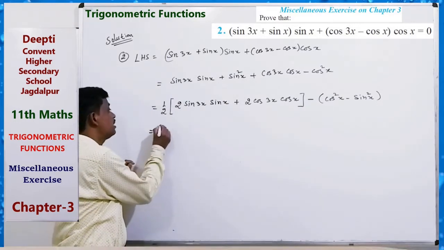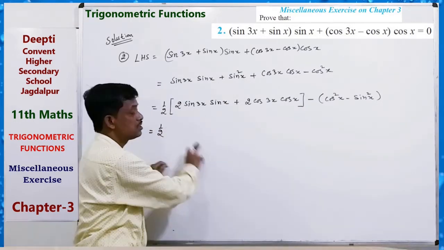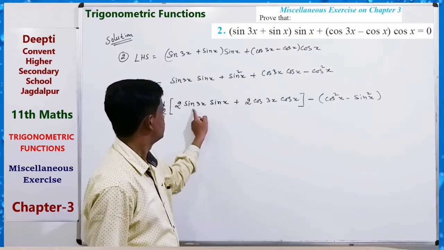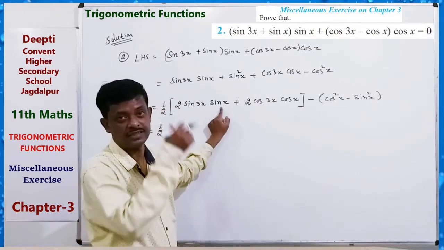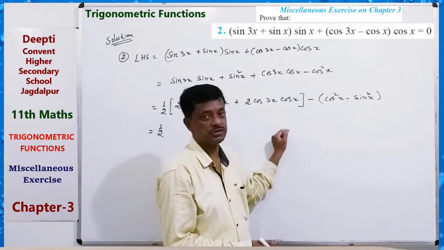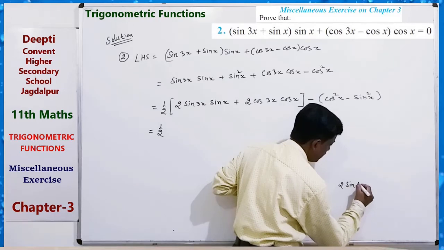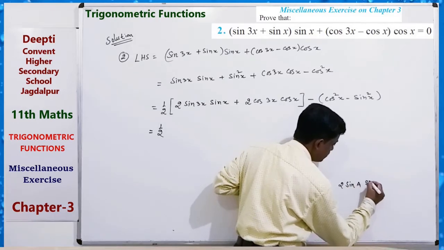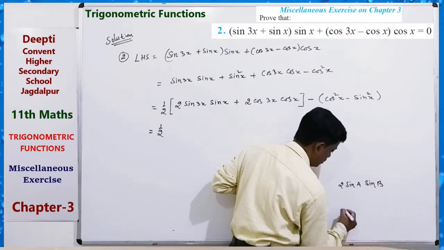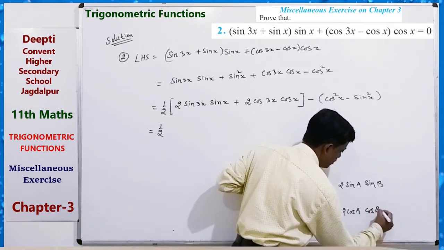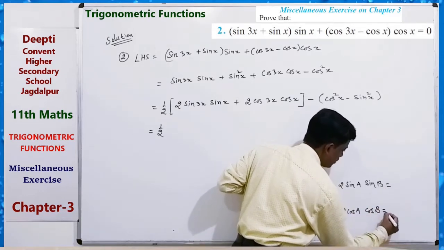So here we can apply the multiplication to addition formula. So 2 sin A sin B and 2 cos A cos B, what is the formula?